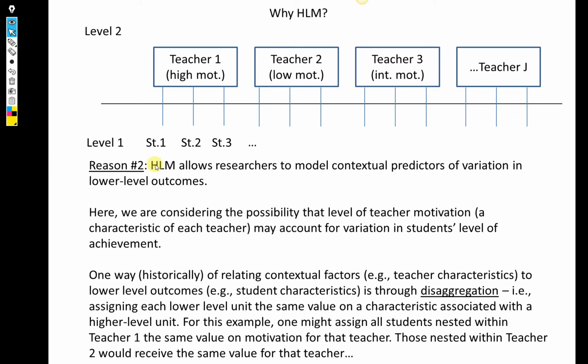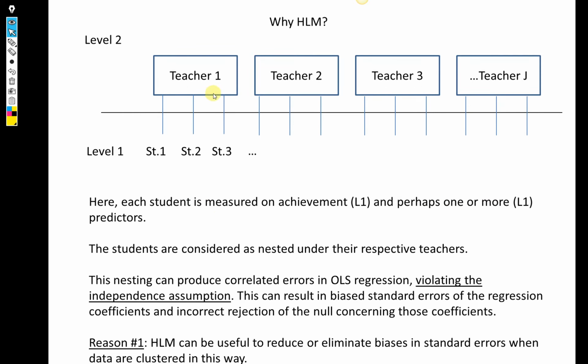Reason 2, HLM allows researchers to model contextual predictors of variation in lower level outcomes. So in other words, previously we weren't really considering the issue of why there might be between teacher variation in student outcomes such as achievement.